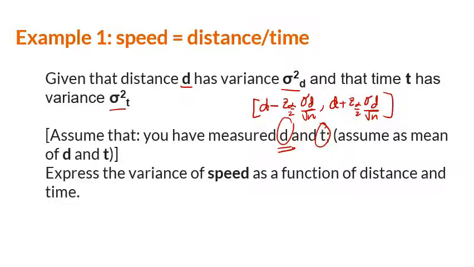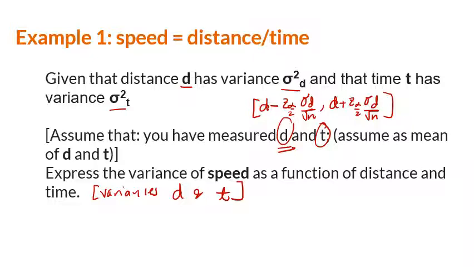confidence intervals. So our goal here is, given that you know the variance of distance and the variance of time, and you know the expected measured values of distance and time, you can express your calculated speed S as a function of your distance and time, and the corresponding variances of distance and time.